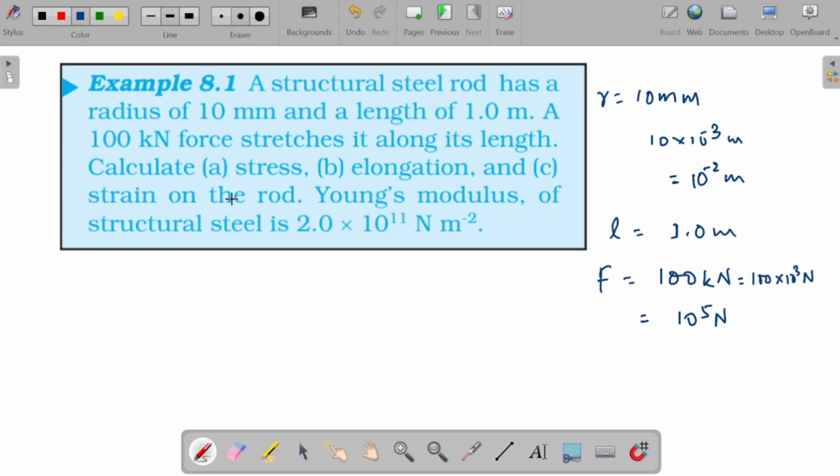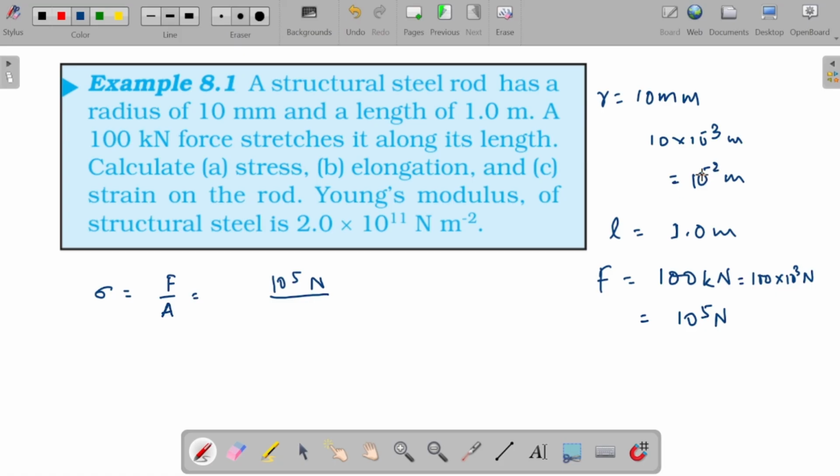So what we have to calculate, number one, is stress. This tensile stress should be force per unit area. Force is given, 10 to the power 5 Newton, divided by the area.